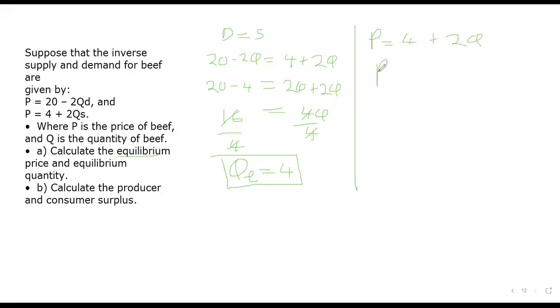So what do we put in the Q? That would be 4 plus 2 multiplied by 4. You get what? 4 plus 8, that's 12. Is she right? So this is our equilibrium price, 12. All right.